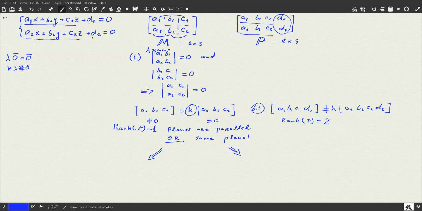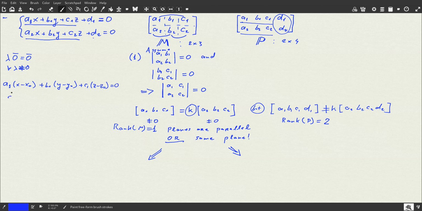What is the situation? You remember that, in fact, these coefficients d1 and d2 depend on the initial points through which our plane is passing, because, in fact, we can write our equation in a similar way. A1 times x minus x0 plus b1 times y minus y0 plus c1 z minus z0 equals to 0.